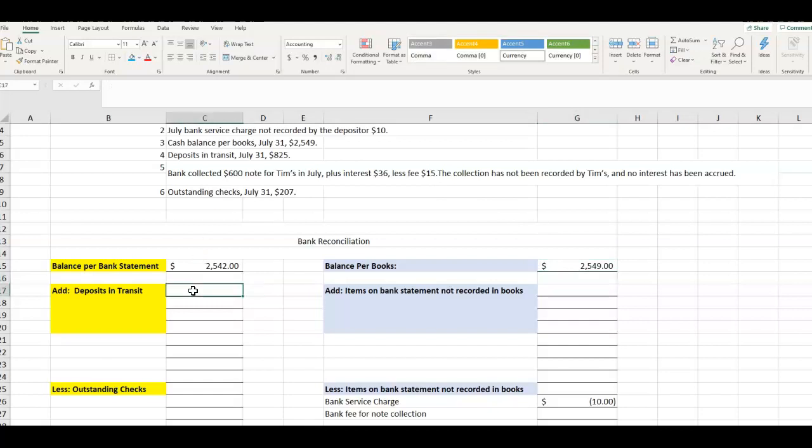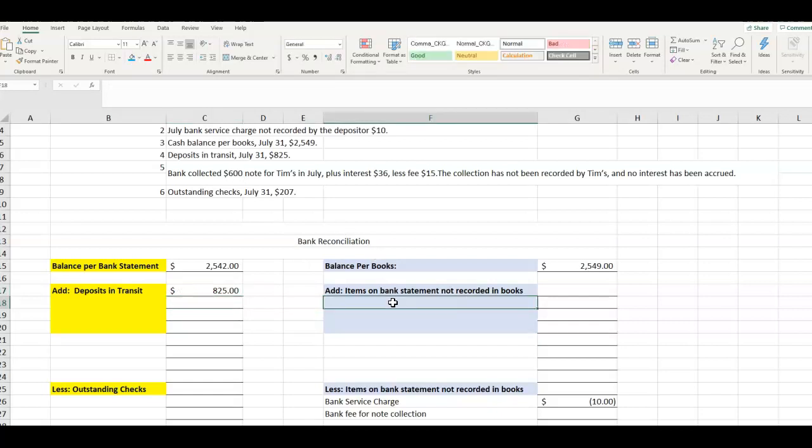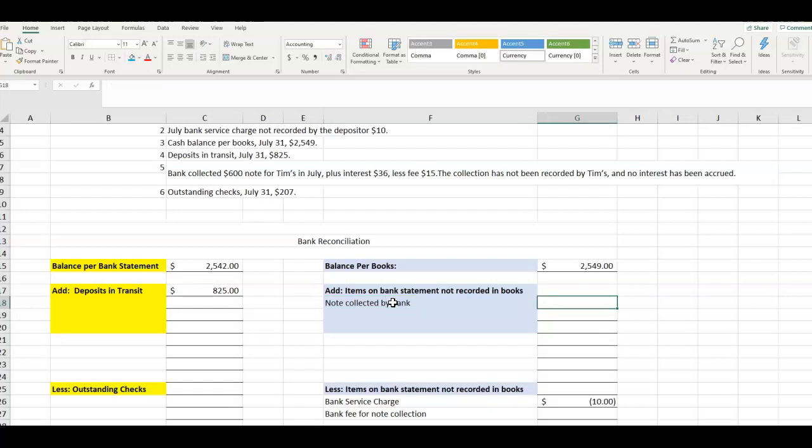Deposits in transit 825. The bank collected a $600 note for us. That's a 600. That's a good thing.